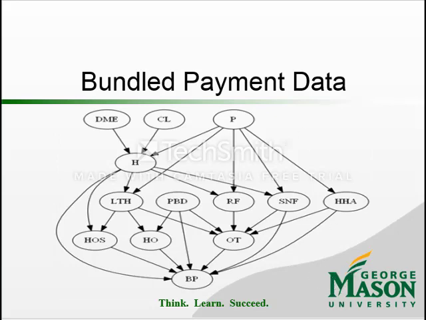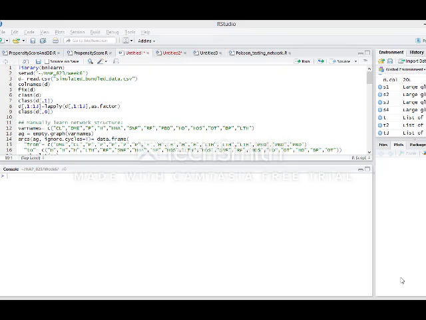Let's go to R. So I compiled this simple bnlearn algorithms code here for you. First, we need to install.packages("bnlearn"). I did that already, so I can't install it again, but we need to call the library bnlearn.